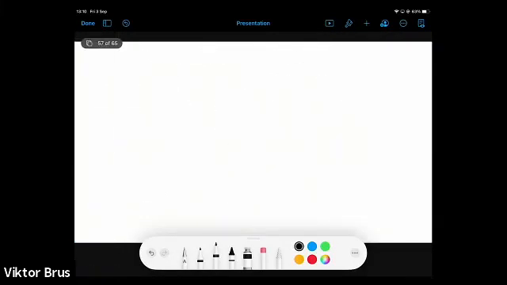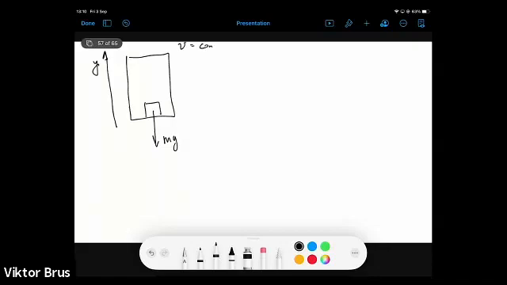The second example is the classical example of a body in a lift. So here we have mg. Let's have here our axis y. When the velocity of the whole system, the lift with the body, is constant or v equals 0, we don't have any acceleration, of course.